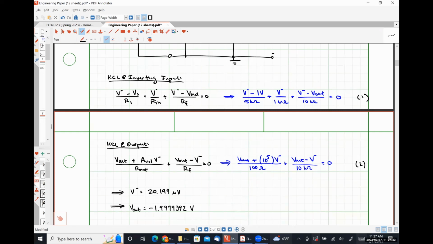So before we get into the weeds of doing math and stuff like that, let's think about a couple of things here real quick. Okay. V minus is 20.199 microvolts. V plus is 0 volts. So our differential voltage here is just going to be negative this number. What's interesting about this number? Anybody have any thoughts? Really small, really small. You're absolutely right.